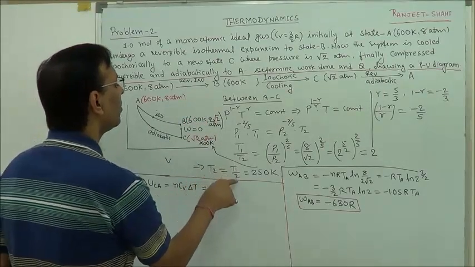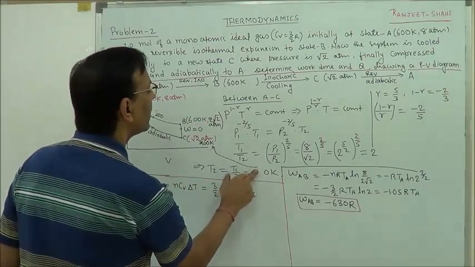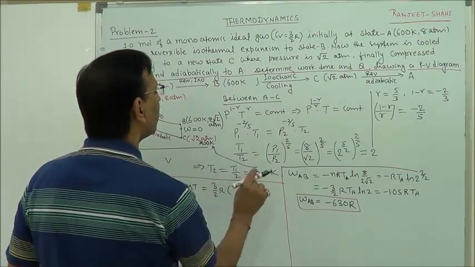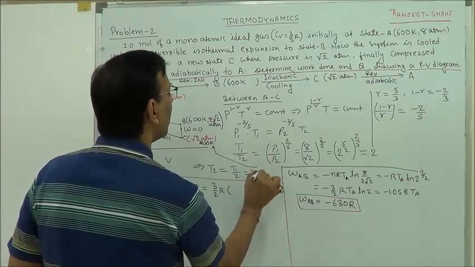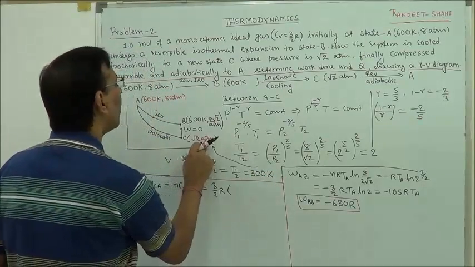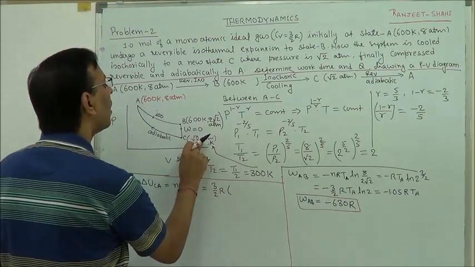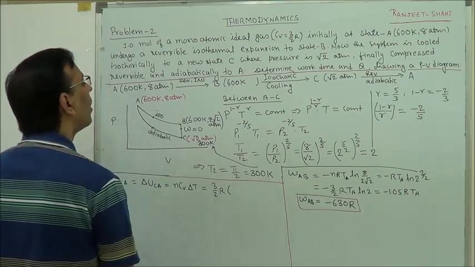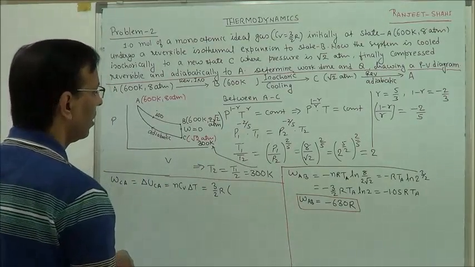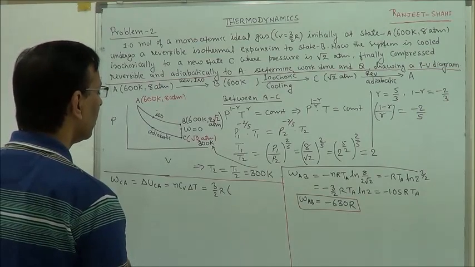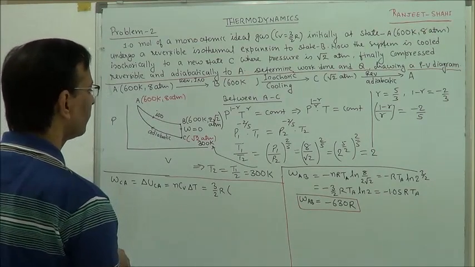T2 will be T1 by 2, so it will be 300. Just a slight correction in calculation. So T2 will be 300. The rest of the thing will remain the same.